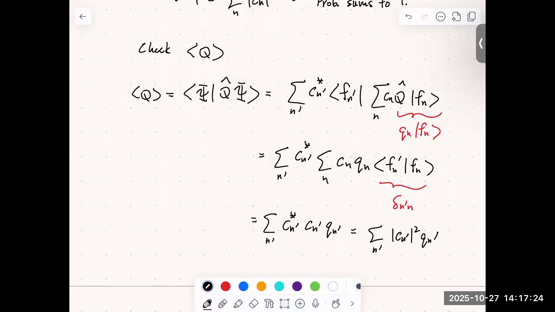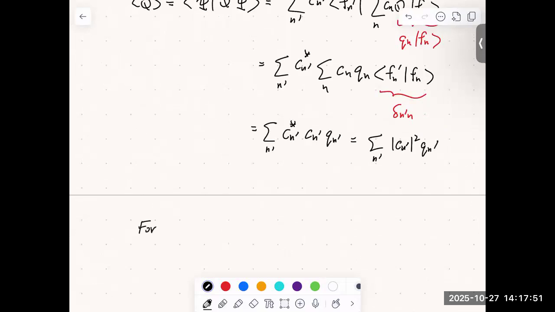And we just didn't use that language. And so what we're seeing here is that if we can find eigenstates of some operator, then the expectation value of that quantity is going to be given by the same sort of sum that we used for the energy states of the harmonic oscillator and the infinite square well.